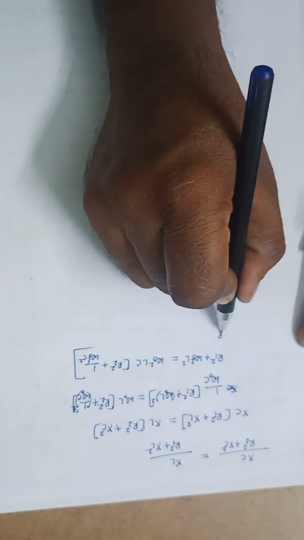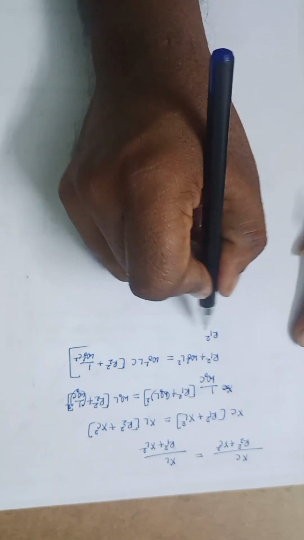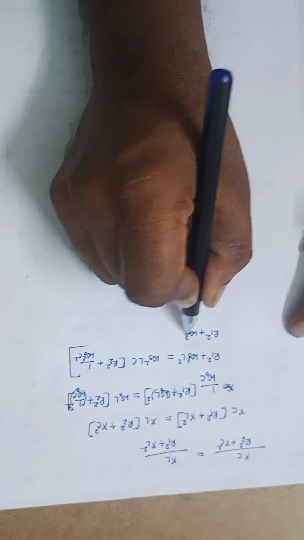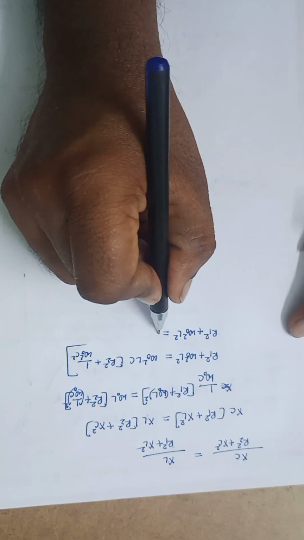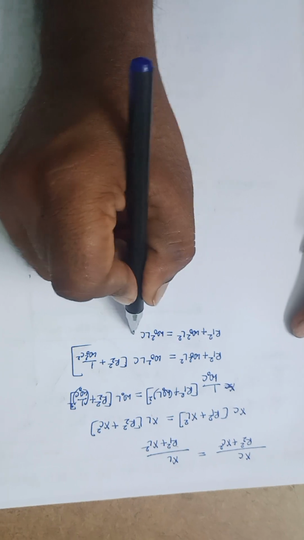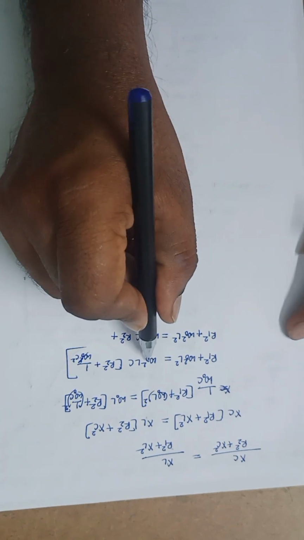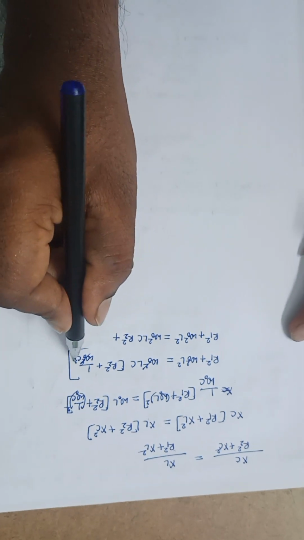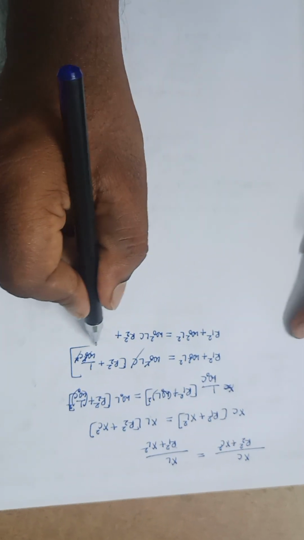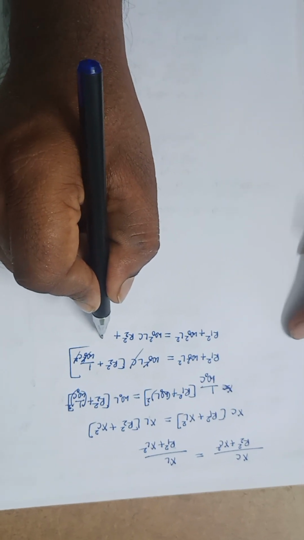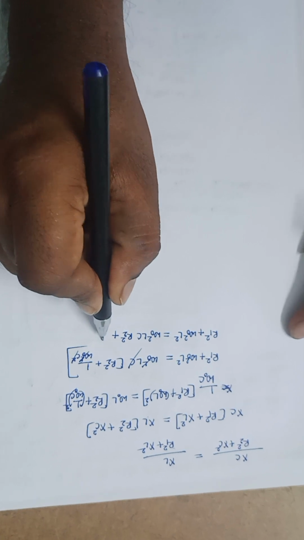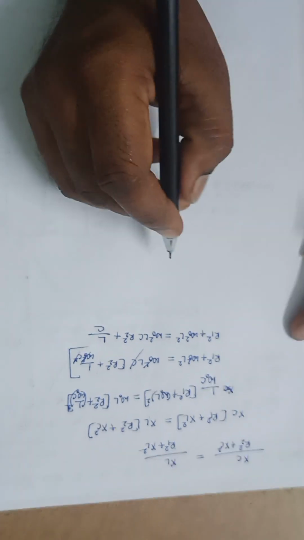So omega naught square will get cancelled here, and this C will get cancelled. So finally what we got here is L divided by C.